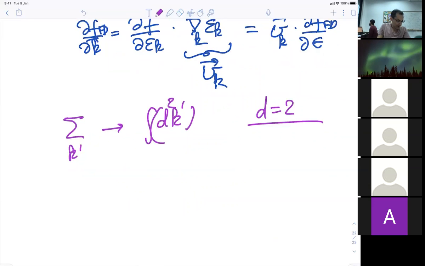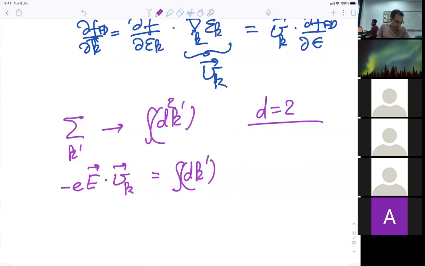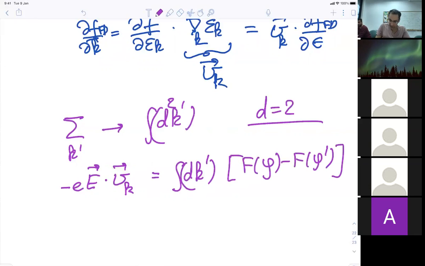So in this case, what I'm getting is minus E times electric field times velocity in the direction k is equal to the integral over d k prime, two-dimensional integral, f of phi minus f of phi prime times w for the angle phi minus phi prime.